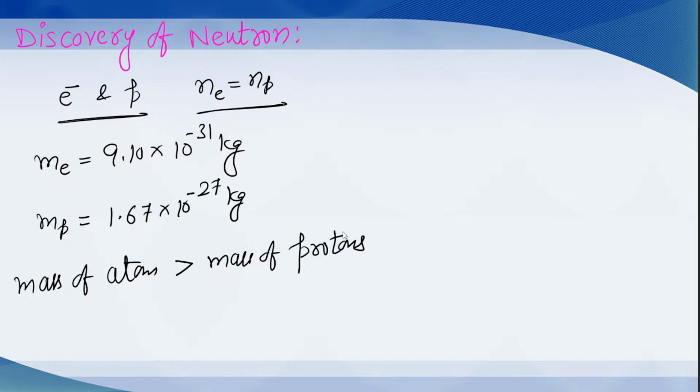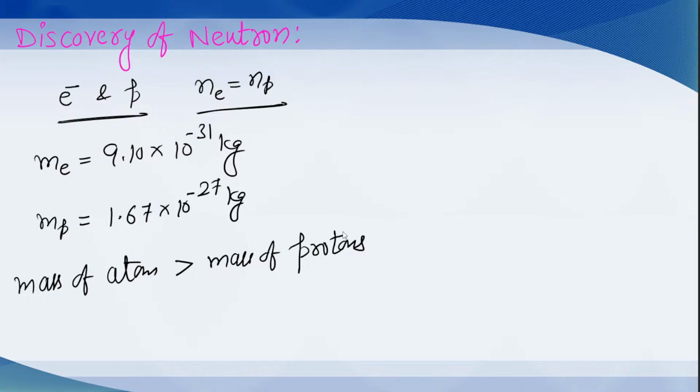So, when mass of the atoms is calculated, then mass of the atom comes out to be greater than the mass of protons. Because electron mass is negligible, so whole mass is supposed to be due to protons only. But mass of atom, when it is calculated, it is very, very greater than, in some cases, except in hydrogen, that is greater than mass of protons.